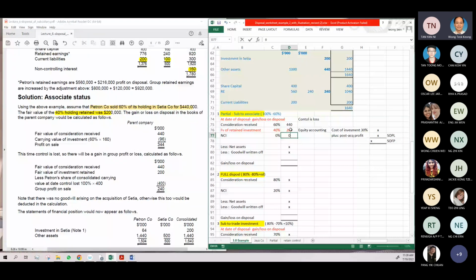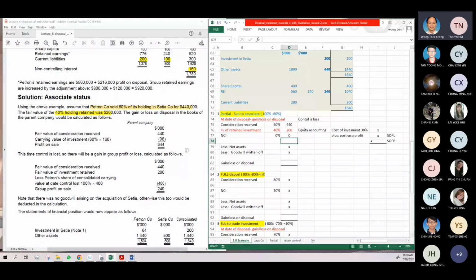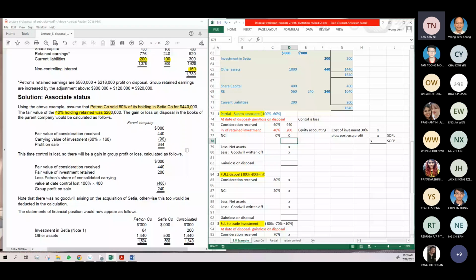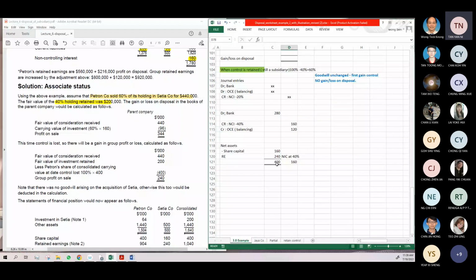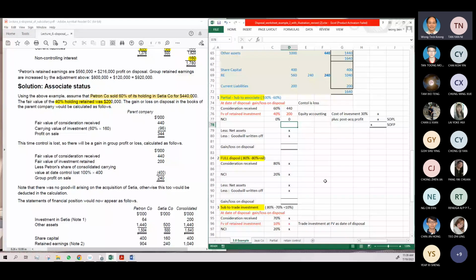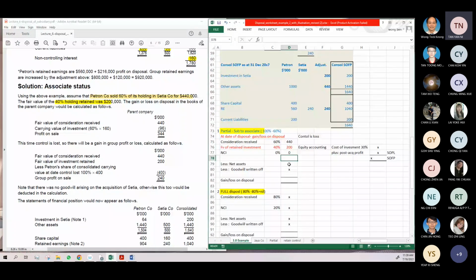Then you find the net asset at the day of disposal. Remember the net asset we have computed, just like I asked, you have 400 here. So when you dispose, the net asset is 100%, so here will be 400. Check calculated by retained earnings minus 400.